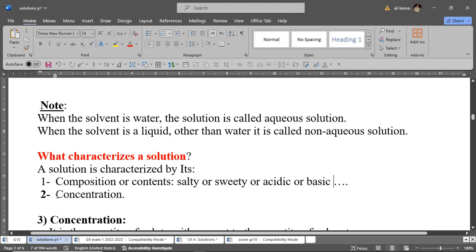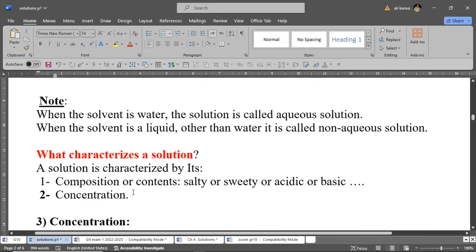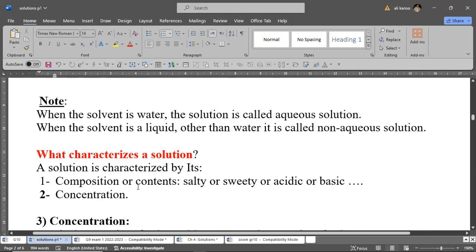But the general characteristic for all solutions is its concentration. If you put two teaspoons of sugar in a cup of tea, and in the other you put 3 teaspoons of sugar, you will notice that the one that contains more sugar will be sweeter.